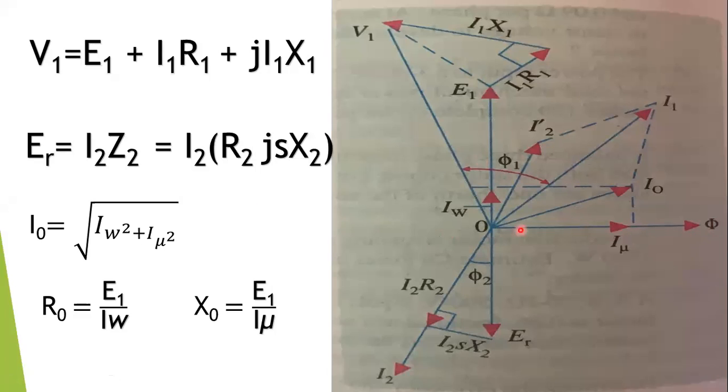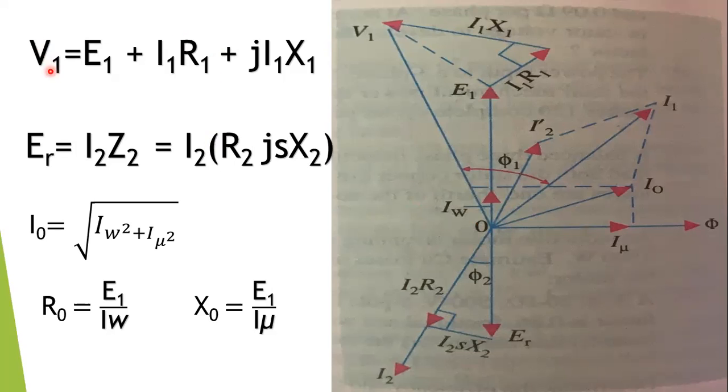First I am taking the reference vector. I am giving the steps of drawing the vector diagram. See here, this is the first step. So what are the equations you are getting on the primary side and secondary side?